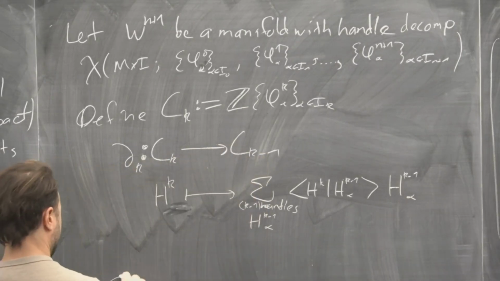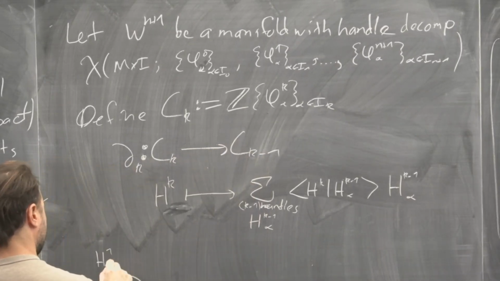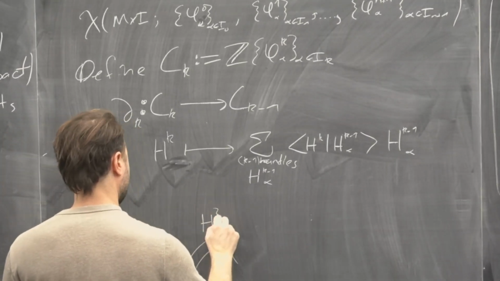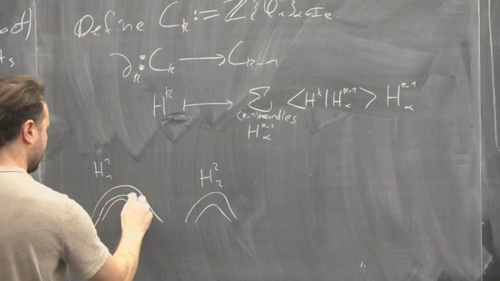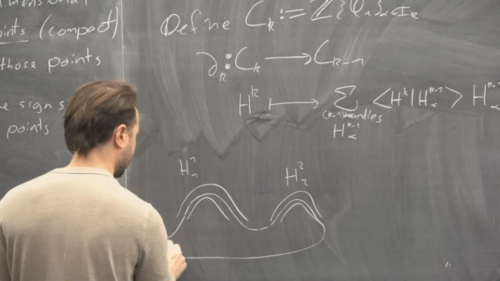So, say you have a one handle here, this is maybe h1, 1. Another one handle here, h2, 2. And you come along with an attaching map for a 2 handle, goes between the things and then comes back like this.